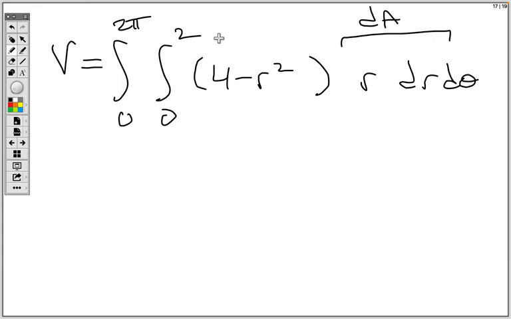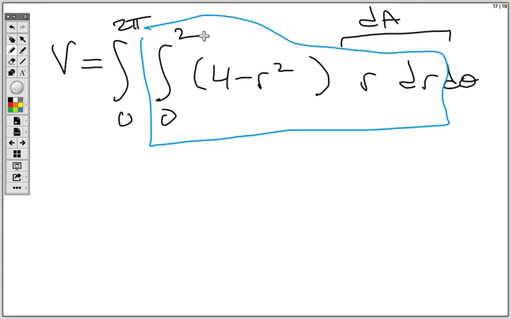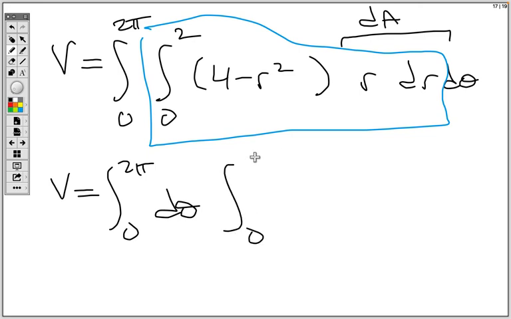As we saw earlier, notice that the inside integral has nothing to do with theta. There's no thetas in the limits of the integral, and no thetas in the integrand. So I can actually write this as the product of these two things. What would be your first step to evaluate the r integral here?